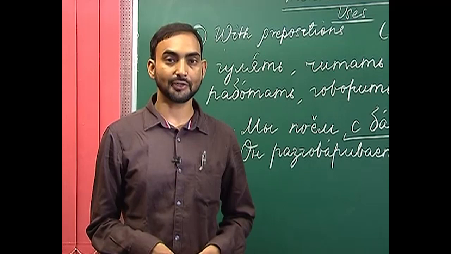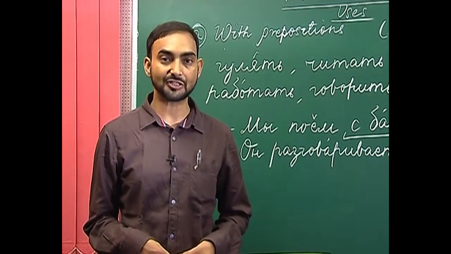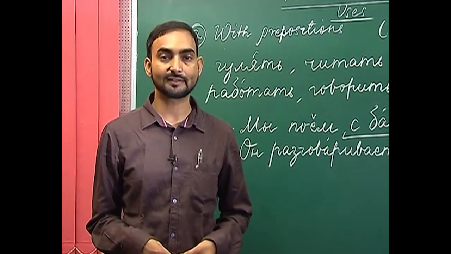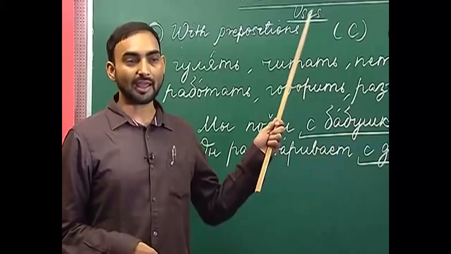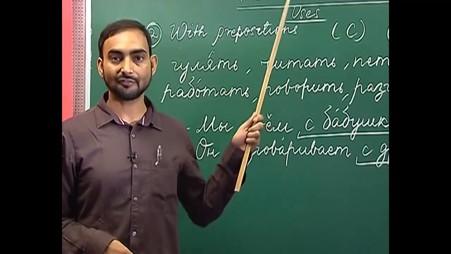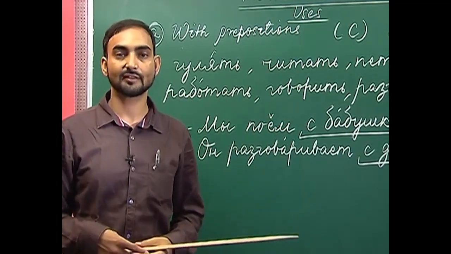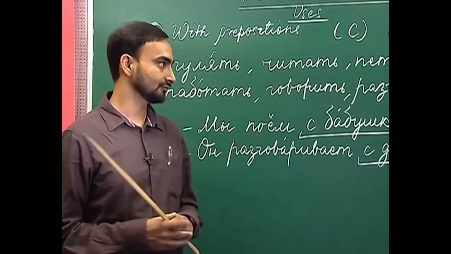As I already told you, the instrumental case of nouns is also used with prepositions. For now, we will only focus on the preposition с, which means with, and when we use a noun after this preposition, it denotes the person with whom something or some action is performed.